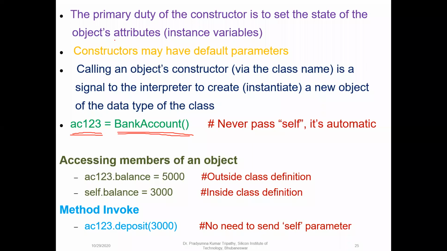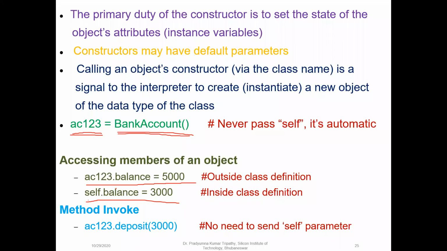So how to access the members of the object? I have already told that it is object dot balance. This is required outside the class definition. Inside the class definition, it is self dot balance. Outside the class, object dot balance. Inside the class, self dot balance. I hope it is understood.